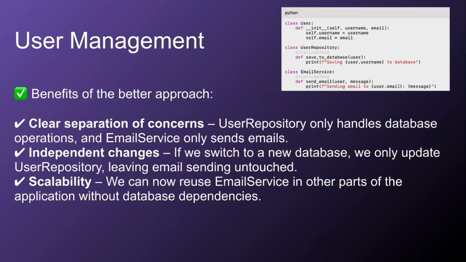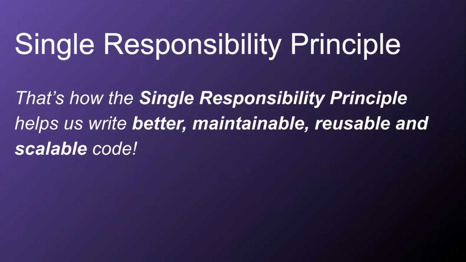So in future, if we wanted to make use of the email service, we would also bring this database thing into the picture, which was not needed. Right now, if we want to make use of the email service, we can just import the email service class and call the static send email method. We can just provide the object, and it will send the specified message to the .email of that object. So right now the database and email things are totally separated.